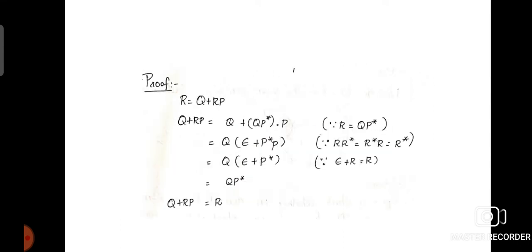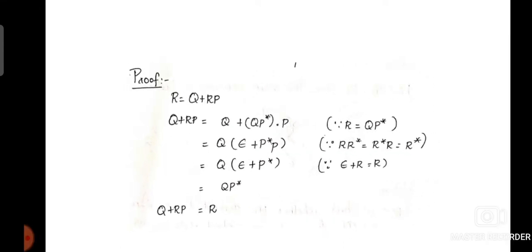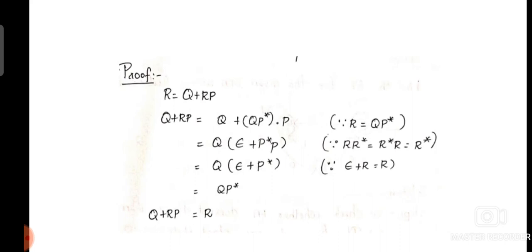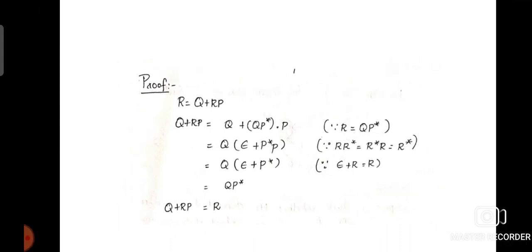Now we are going to see the proof for the equation R equal to Q plus RP. Q plus RP equals Q plus, we are substituting QP star in the place of R. Now we are taking Q as the common term, then inside the bracket we will get epsilon.